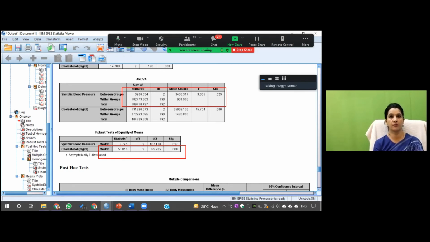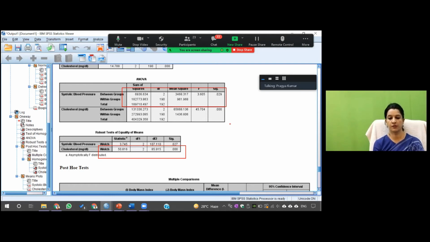Priyanka wants me to repeat. Okay, Priyanka. We discussed in the theory that if the equality of variance is assumed, then we will take the value of standard F statistic, like we did for the t statistic yesterday. Remember the same concept. If the equality of variance is not assumed, then we'll take this Welch ANOVA value.